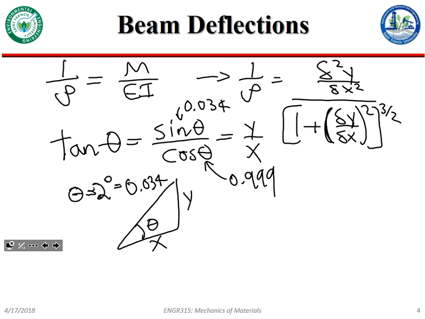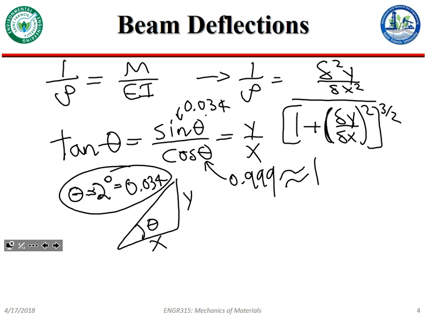So, here's the deal. For small angles, you're typically good until 10 degrees. I just chose 2 because I knew it would work out better. The cosine of a small angle is approximately 1. That's really, really close to 1, right? The sine of a small angle is essentially the angle.